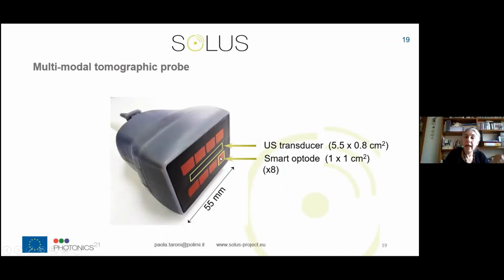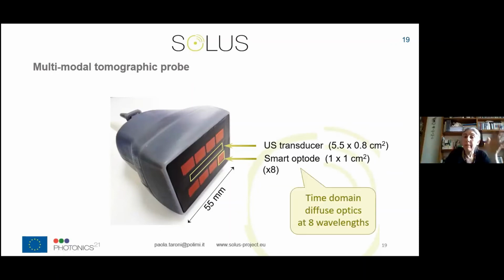Each of these 8 optical measurement points is what we call a smart optode, because they correspond to a standalone device to perform time domain diffuse optical measurement at 8 wavelengths. And this has to fit in a very small footprint because we want to be able to collect the information from different light paths and image the same volume that is imaged by the ultrasound transducer.